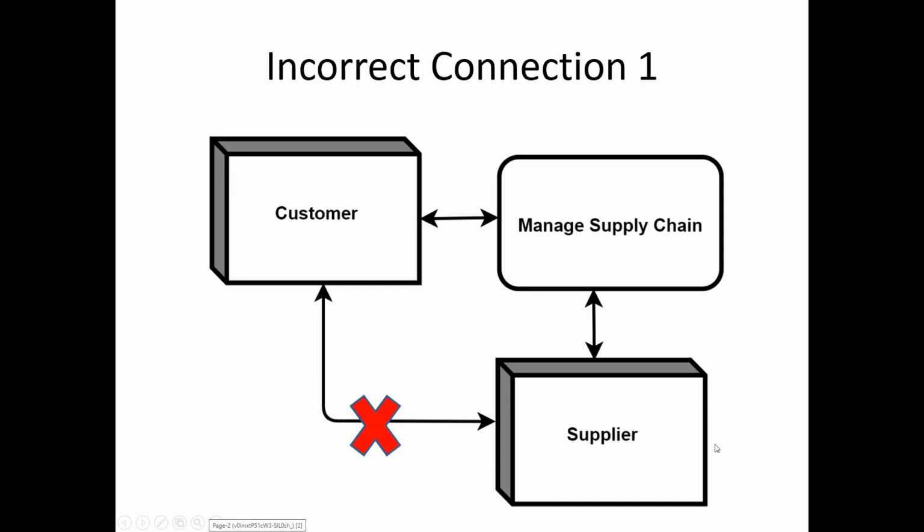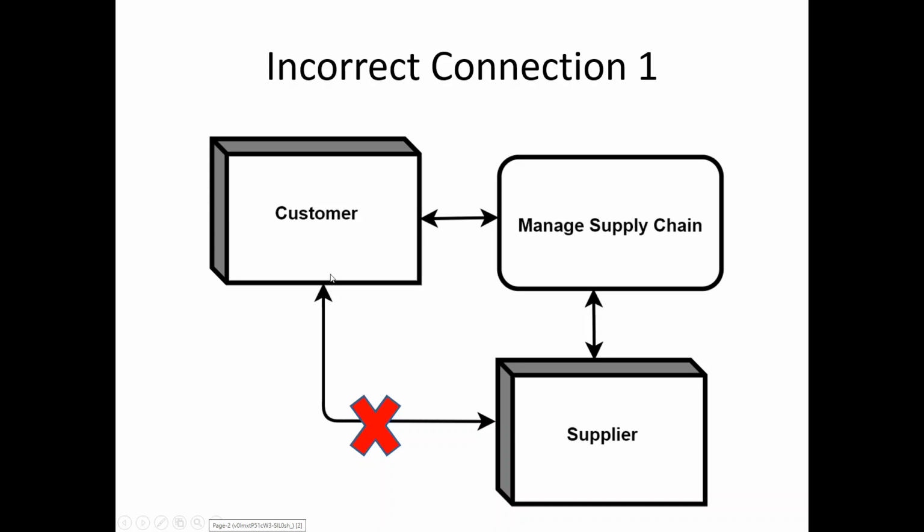And then we have some examples of incorrect data flow. In this example, as you can see, we have two external agents, customer and supplier. They both communicate with this process. There's no problem with this connection, and also no problem with this connection.